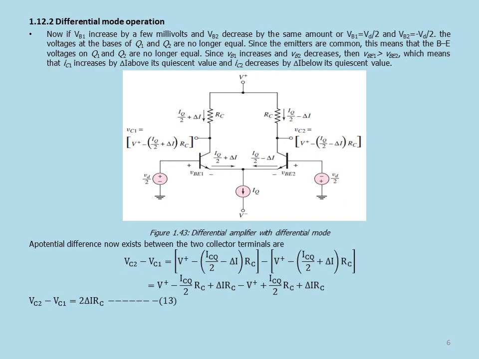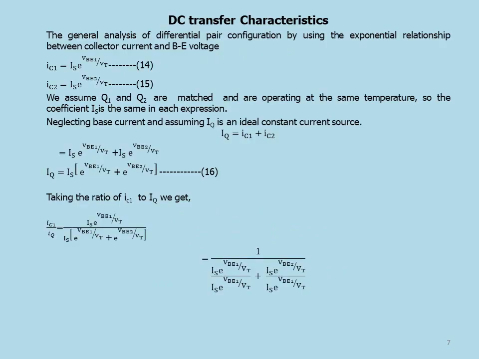Similarly the equation for VC2 can be found, and if we subtract, we get VC2 minus VC1 as 2 times del I, the change in current, times the collector resistance RC. Okay, this is about the differential mode.